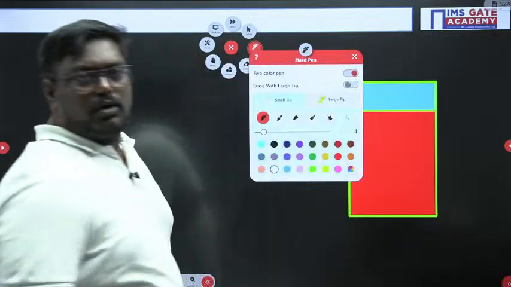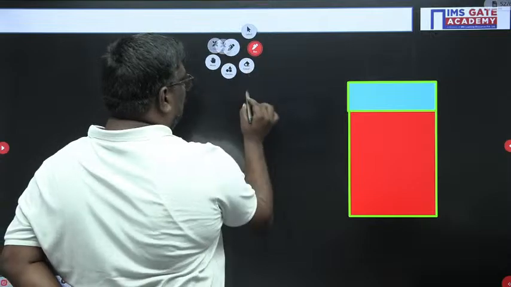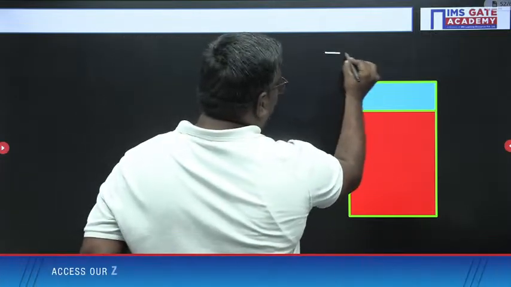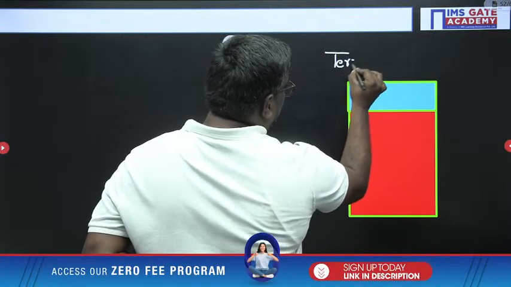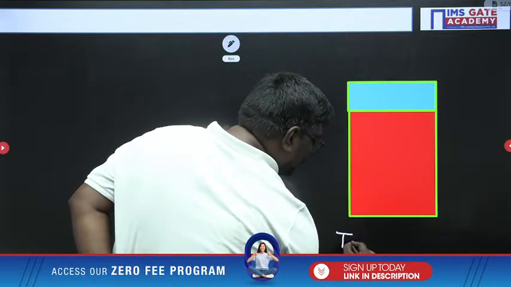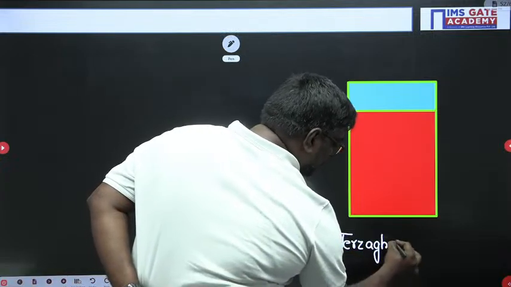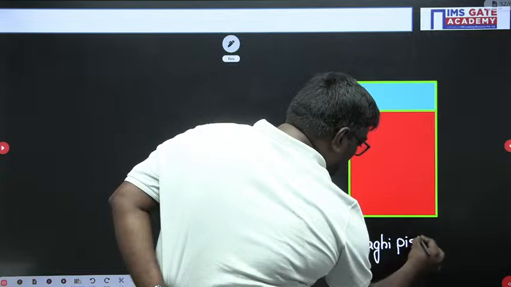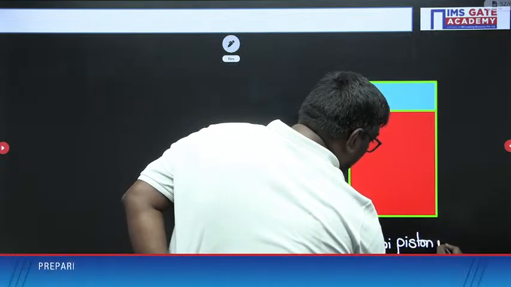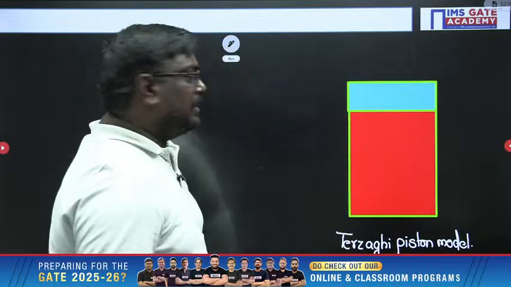Now we have a concept called Terzaghi piston model. We can call it the Terzaghi piston model, or we also call it the spring analogy model.